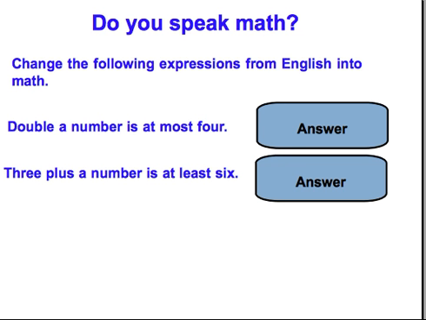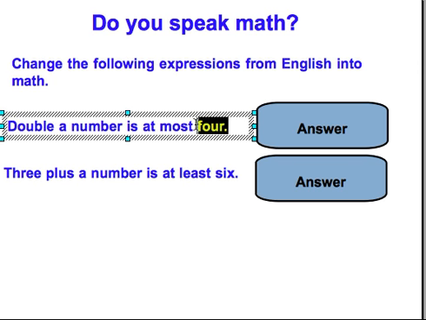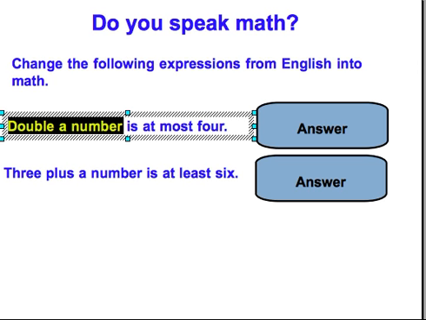Slide 221 is asking us to translate our expressions. So double a number is at most 4. First of all, double a number is one term, and 4 is our second term. So do I know what double a number is?